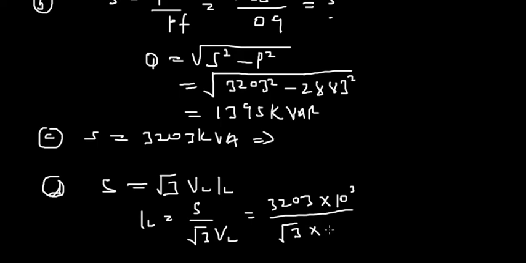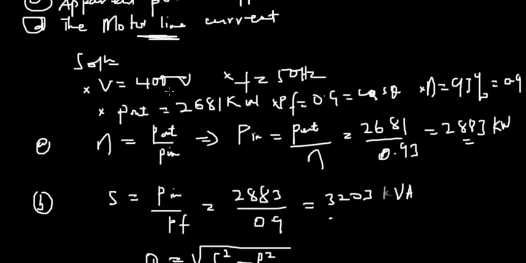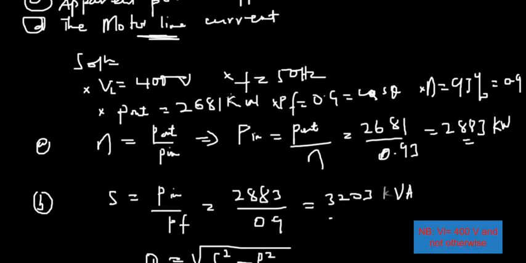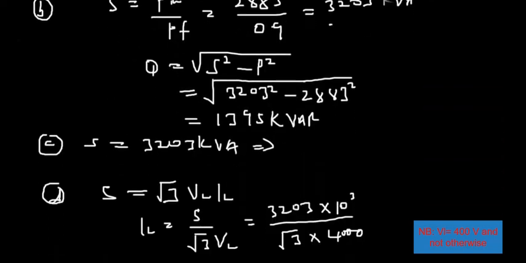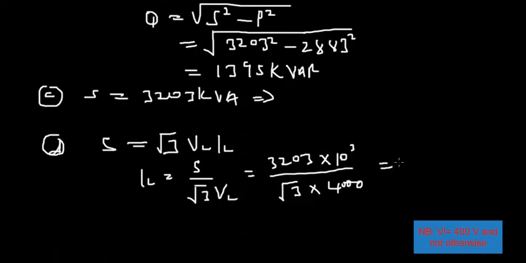We already know VL is 4,000, so we could just calculate our motor line current from here.